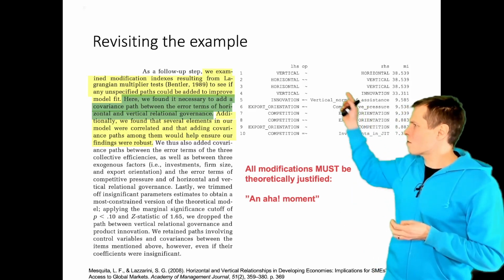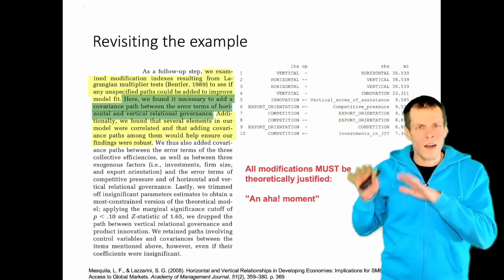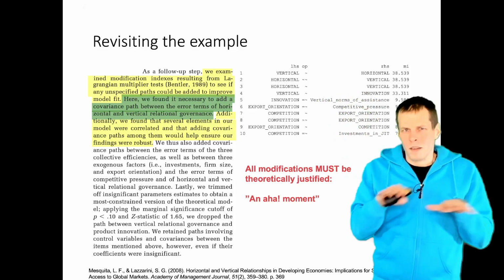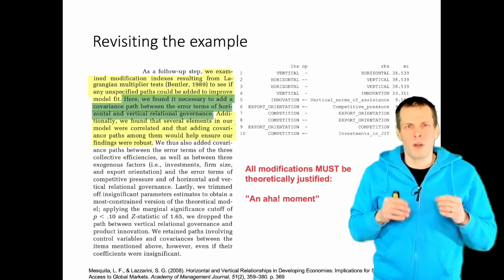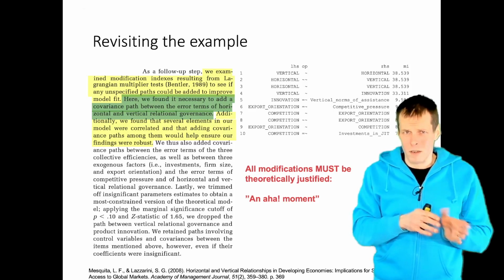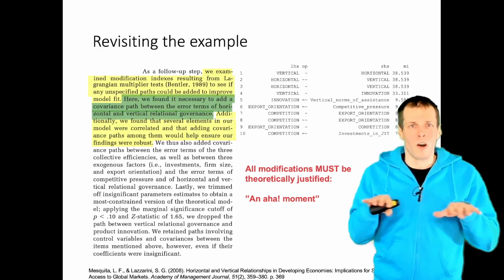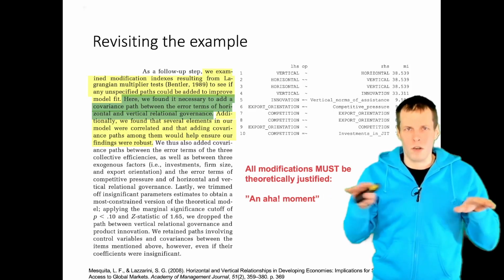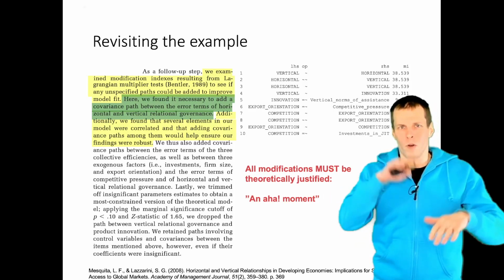If we look at the horizontal and vertical variables, they basically refer to how a firm applies governance to different kinds of business relationships, horizontally or vertically.